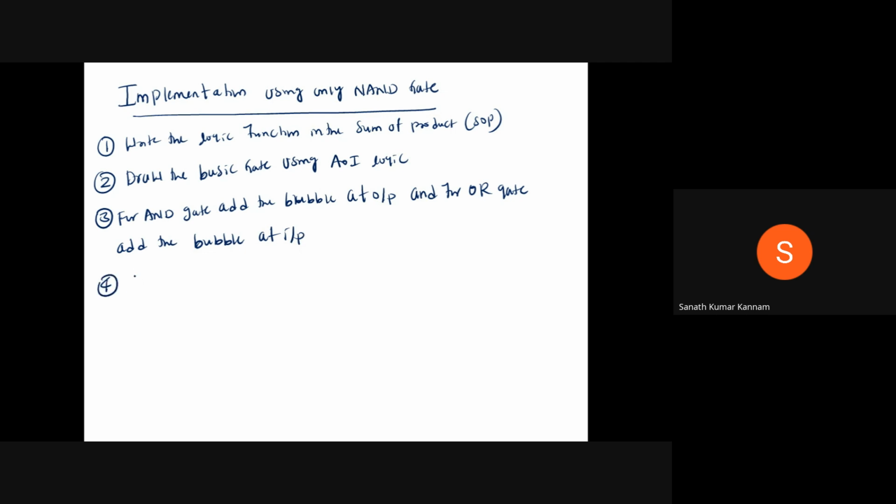To compensate the added bubble, we need to add an inverter.